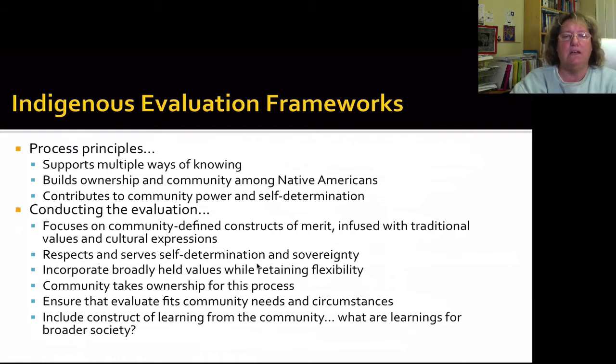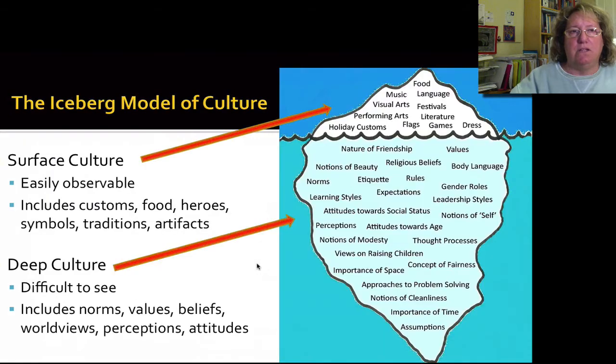And finally, we want to make sure that in an Indigenous approach to this work there are learnings for broader society about how the community makes sense of this work. So this is an important contribution to society overall, even though it looks like it's of the Indigenous community for the community, there are certainly larger impacts, both for mainstream U.S. society and also for their own communities.